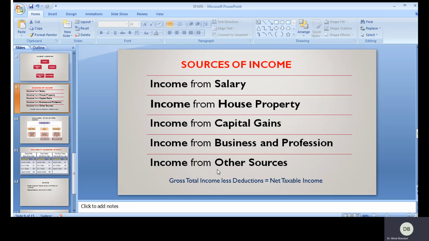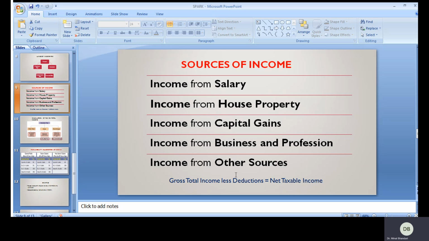Income can be generated through different sources: first, income from salary, income from house property, income from capital gains, income from business and profession, and income from other sources. Through all these sources, any person can earn some amount of money, which is called the income of an assessee.